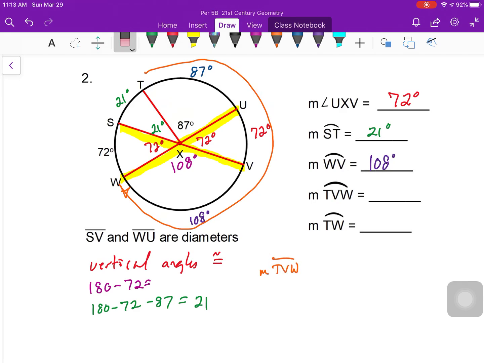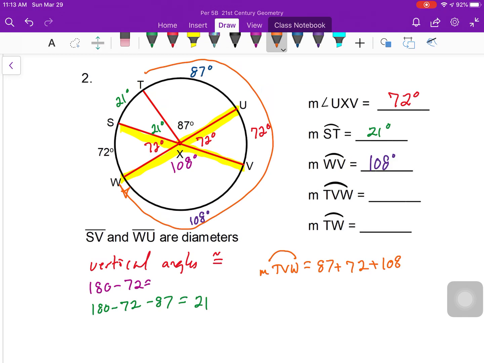So the measure of arc TVW, oops, got to put my arc symbol on the top. That's going to equal 87 plus 72 plus 108.